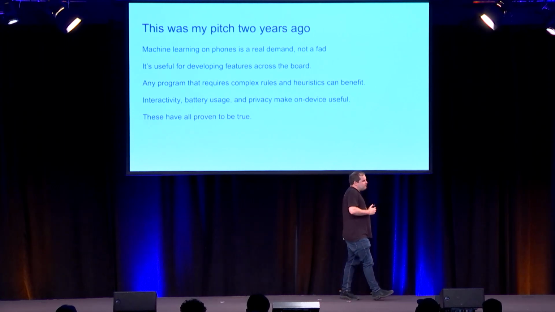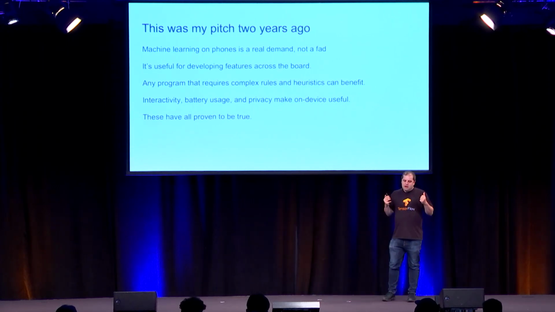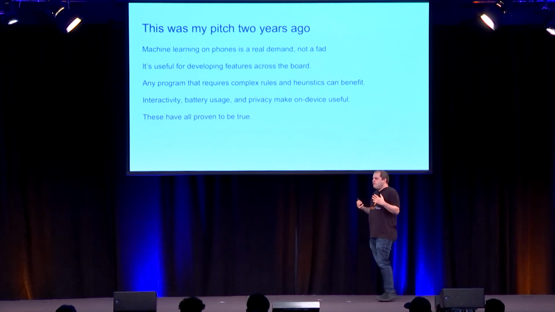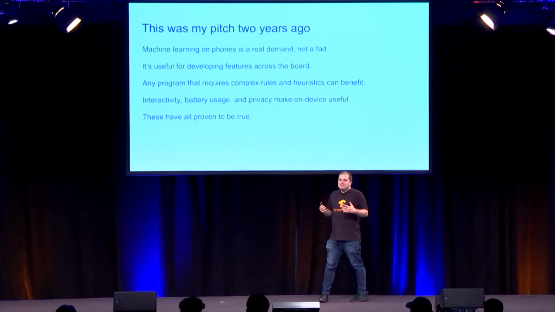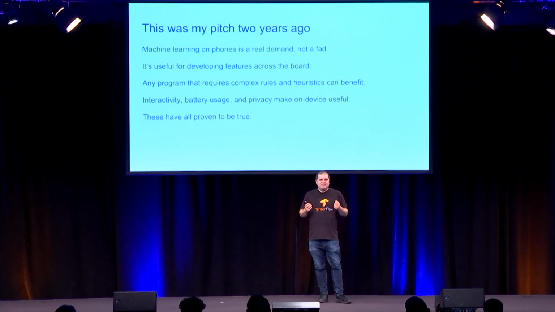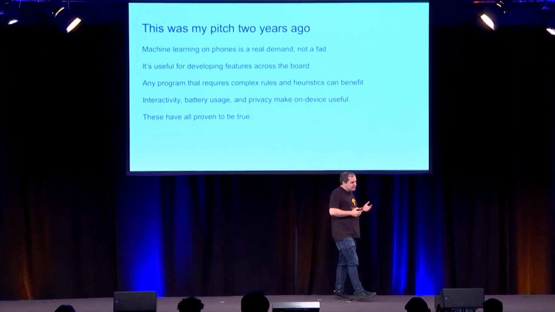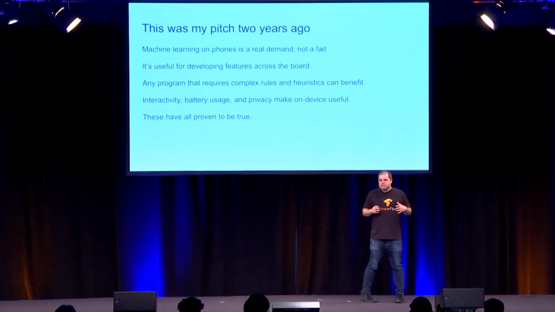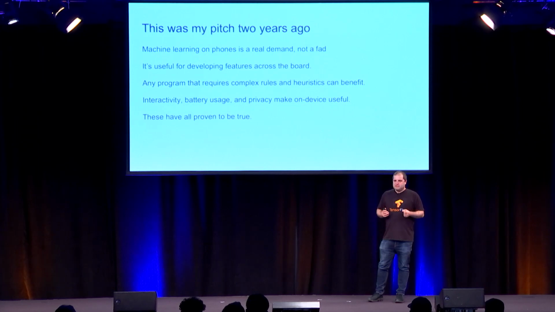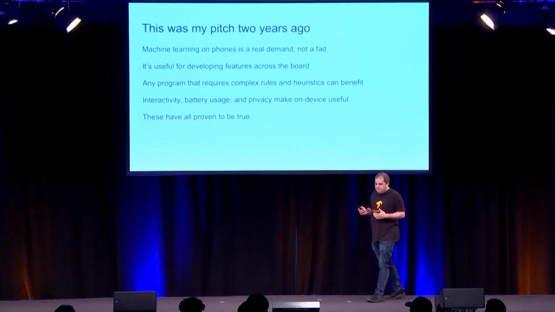It's useful for all sorts of things. And really, if you're writing anything where you're having to draw up your own hand-drawn rules and pick thresholds and do complex logic, there's a very good chance that being able to learn the rules from data is going to be a better way to approach this.